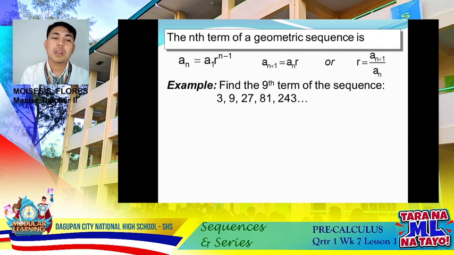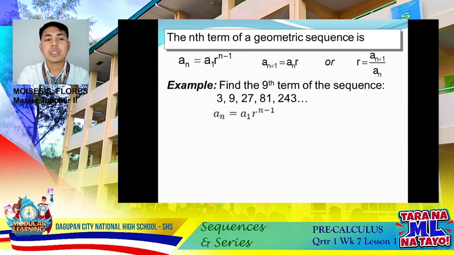But because of our formula, a sub n equals a sub 1 times r raised to n minus 1, all we need to do is to identify first our r. So 9 over 3, or 27 over 9, 81 over 27, 243 over 81. Our r there is simply 3.